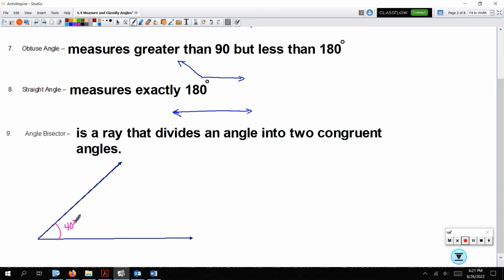And I'm going to draw an angle bisector. Let's just say this is A, and this is F. That angle bisector just bisected that 40 degrees. So on either side, this is going to be 20 degrees. This is also going to be 20 degrees. An angle bisector bisects the angle, splits it directly down the center.